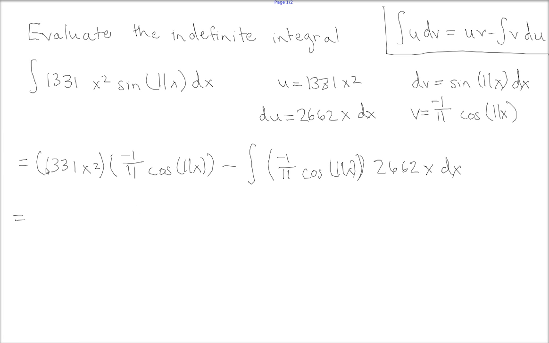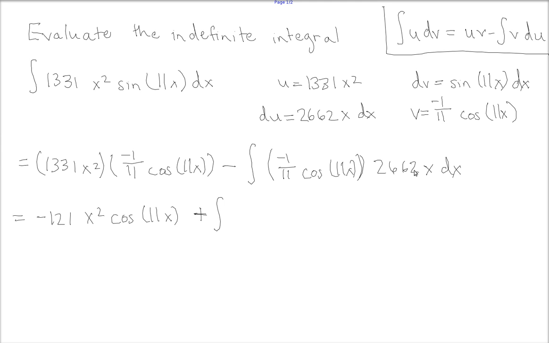Pull the constants out here. 1331 divided by 11 is 121, so I get negative 121 x squared, and then I've also got cosine 11x. Now for my integral over here, I've got a minus 1/11, so I'm going to change this minus to a plus.